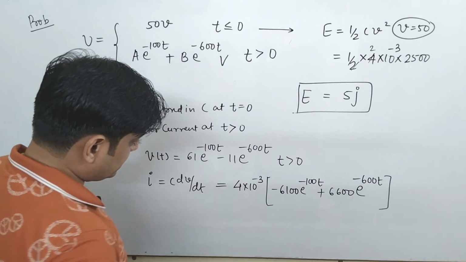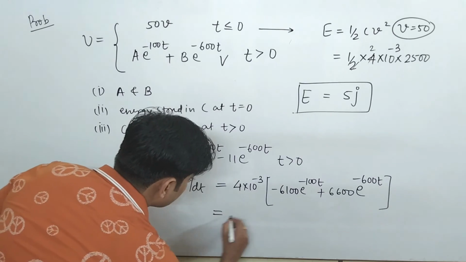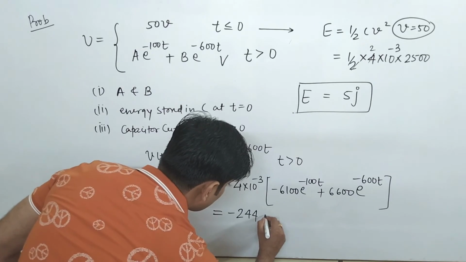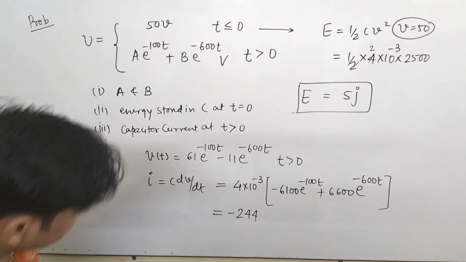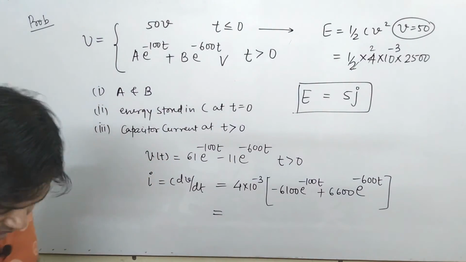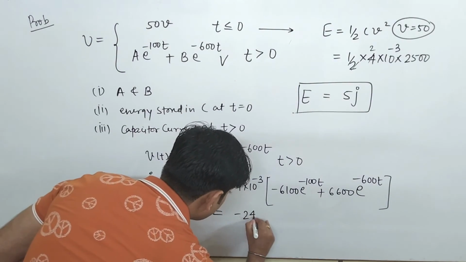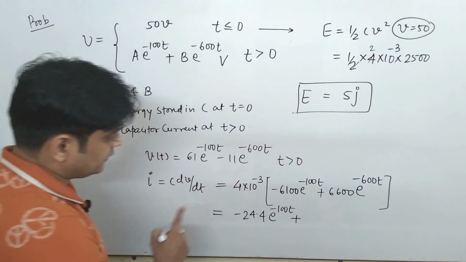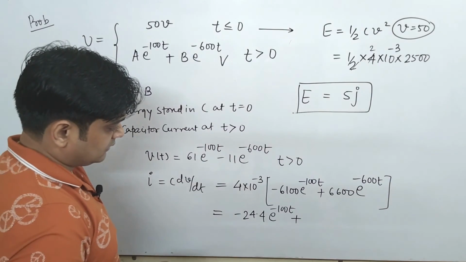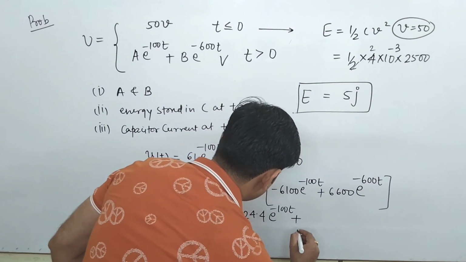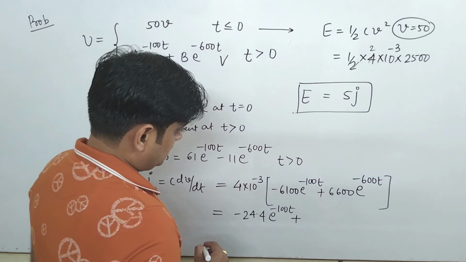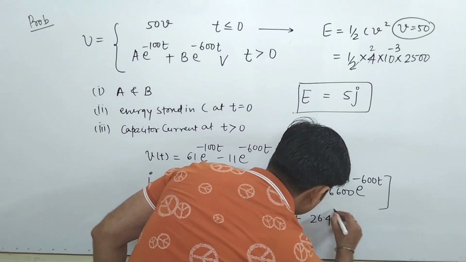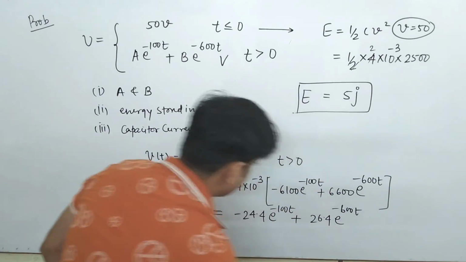So after multiplying, I can say directly it as minus 24.4 e to the power minus 100t plus, when you multiply this, 26.4 e to the power minus 600t.